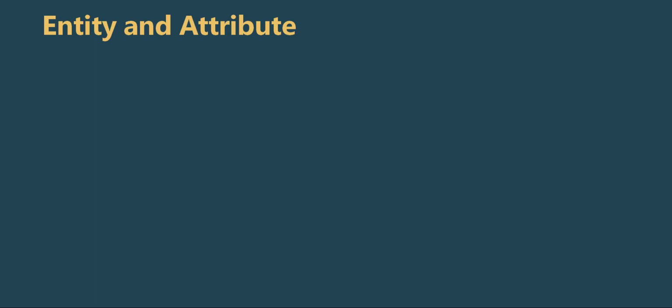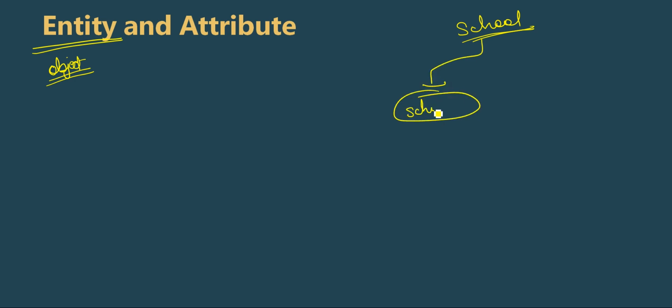Now, entity and attribute. What does this mean? We are going to discuss this. Entity is basically any object. Let's say I am going to develop a database for our school management. Then what are the objects we are considering? The first thing we consider is the school, right?